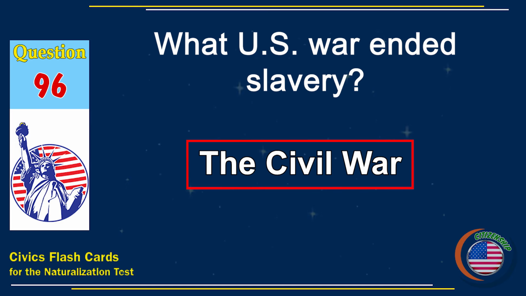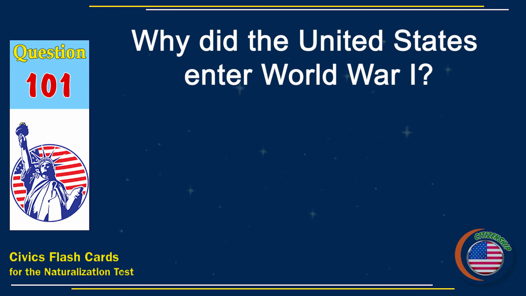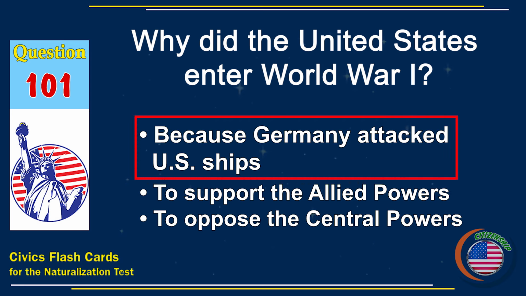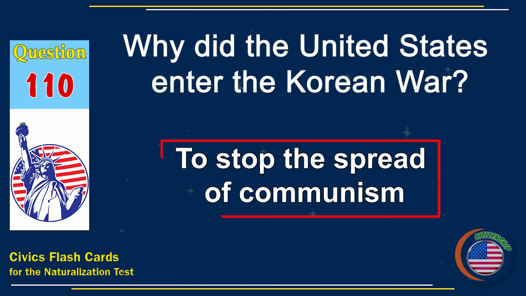The Civil War. Why did the United States enter World War I? Because Germany attacked U.S. ships. Why did the United States enter the Korean War? To stop the spread of communism.